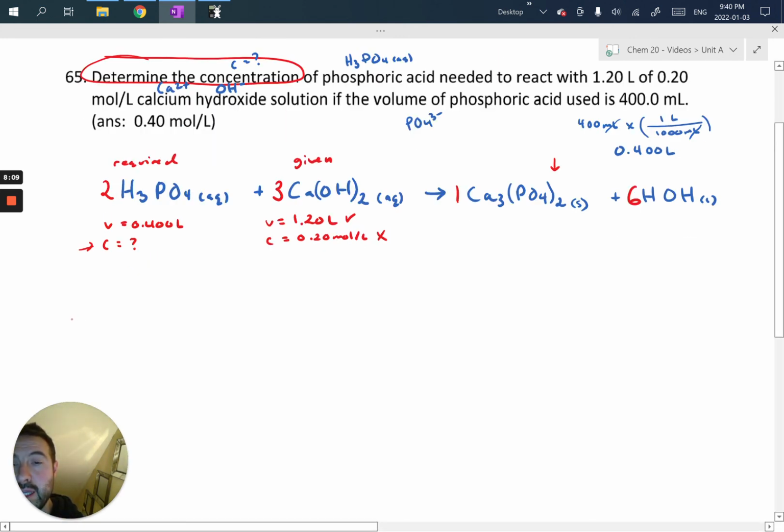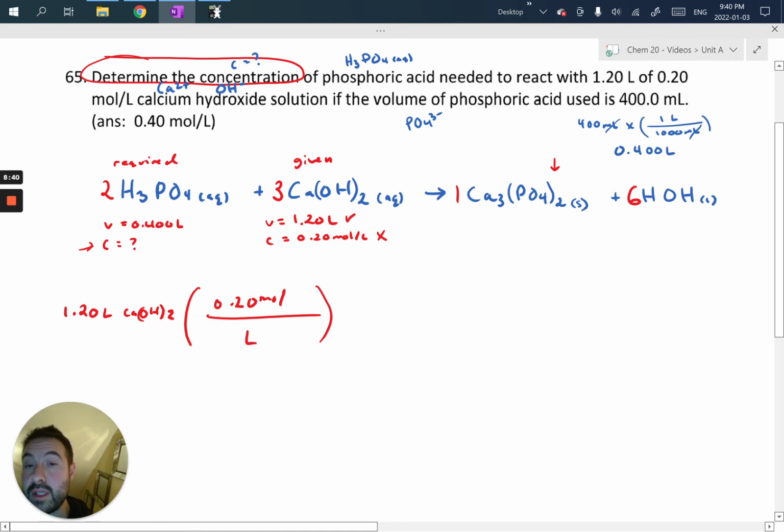So my starting point is I'm going to take my 1.20 liters of CaOH2. I like to write down what I'm dealing with, and I'm going to convert that to moles using the molar concentration. So I have 0.20 moles per liter of CaOH2.